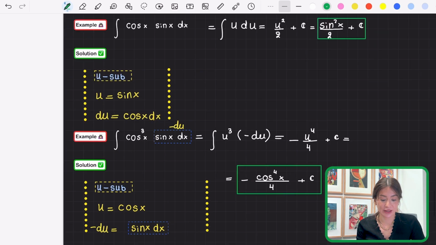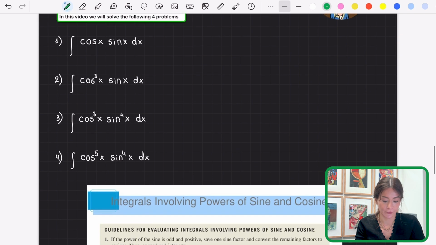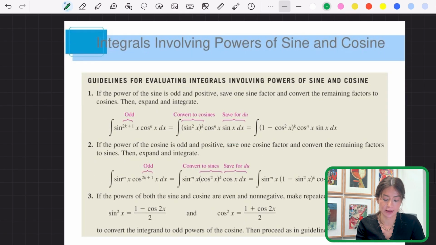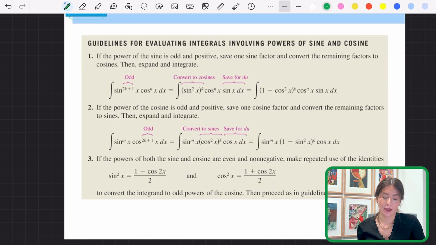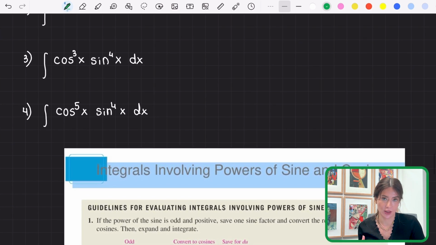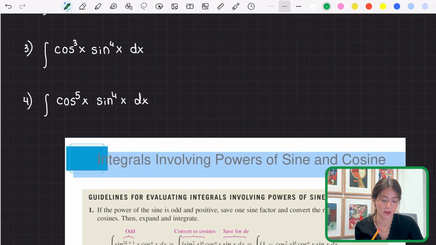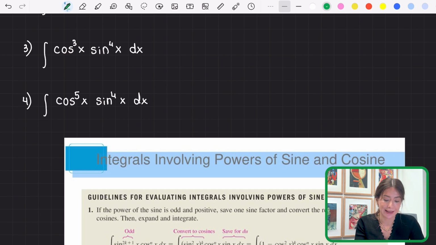Now, in the third and fourth examples, I am going to use this guideline. And the guideline says this: anytime you have an odd power of cosine or sine, it cares about the odd powers. It wants you to do something to the odd powers of cosine or sine, whichever has the odd power. In our case, cosine is the one that comes with an odd power.